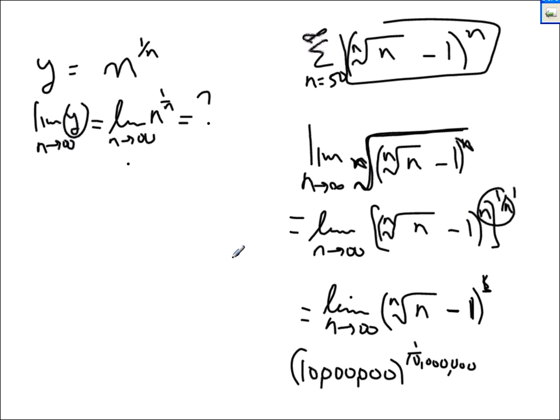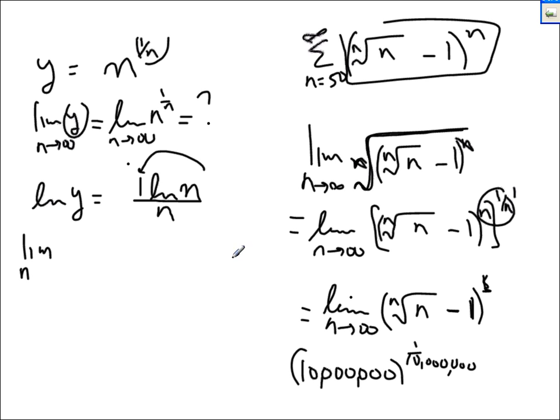I want to know what that equals. But I'm not going to be able to solve it with n being in the power. So I take ln of both sides. I take ln of n to the 1 over n. But the 1 over n comes in front. 1 over n. Okay, now I can take the limit.